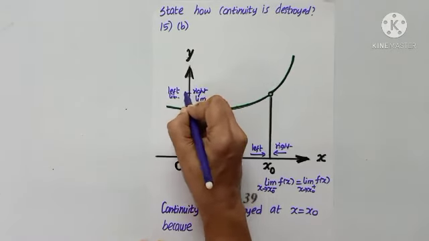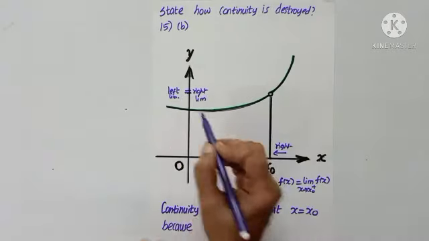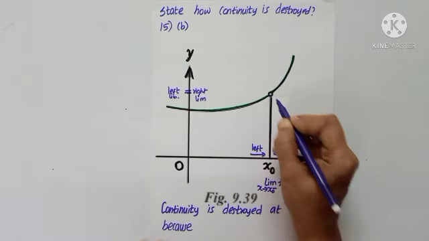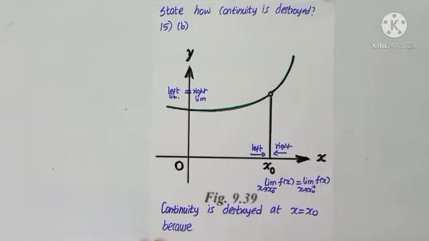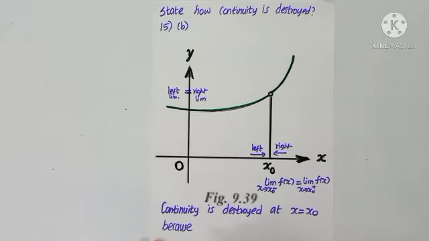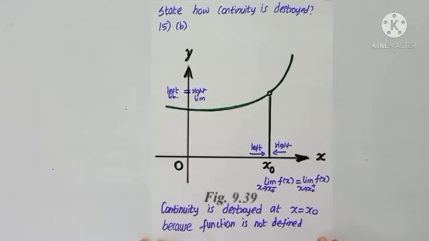And I say both are equal. Left limit is equal to right limit. But there is an open circle which tells the function is not defined. So continuity is destroyed at x is equal to x naught because function is not defined at x naught. So whenever there is an open circle, remember the function is not defined.